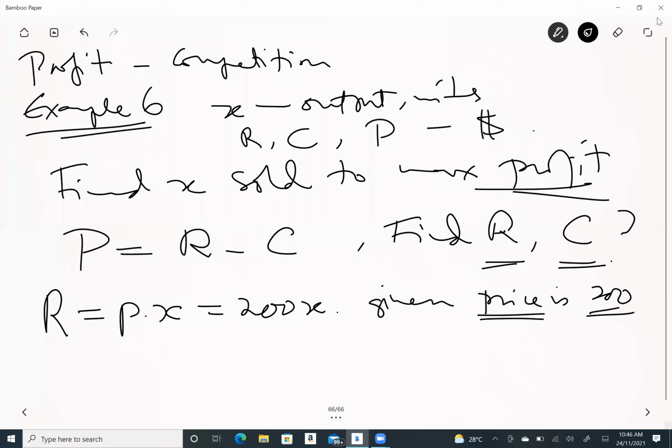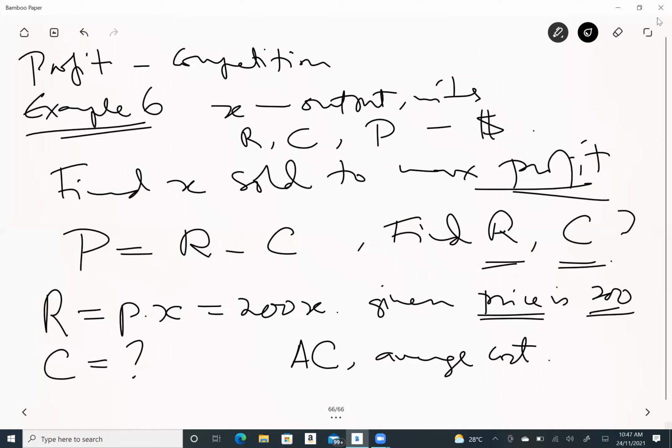And then what is the cost? Secondly, you want to find the cost. If you look at that example here, you are not given the cost. What are we given? You are given the average cost, the unit cost.